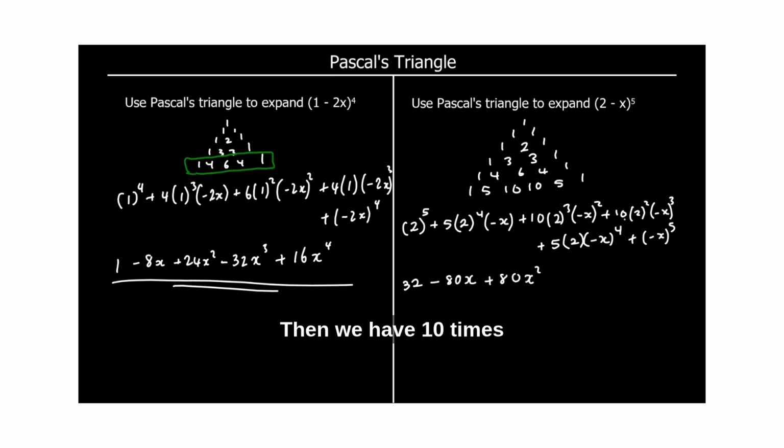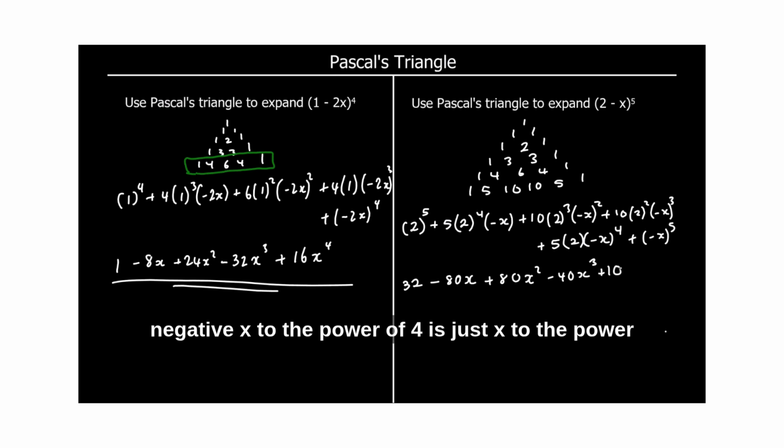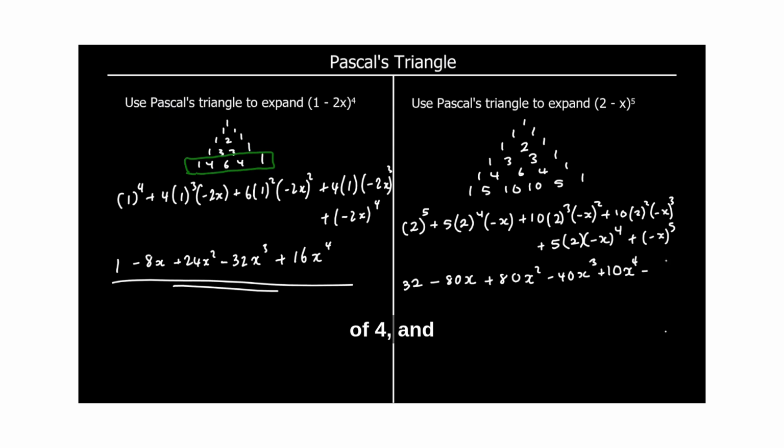Then we have 10 times 4, which is 40, times negative x cubed, which is negative 40x cubed. 5 times 2 is 10. Negative x to the power of 4 is just x to the power of 4. And negative x to the power of 5 is going to be negative x to the power of 5.